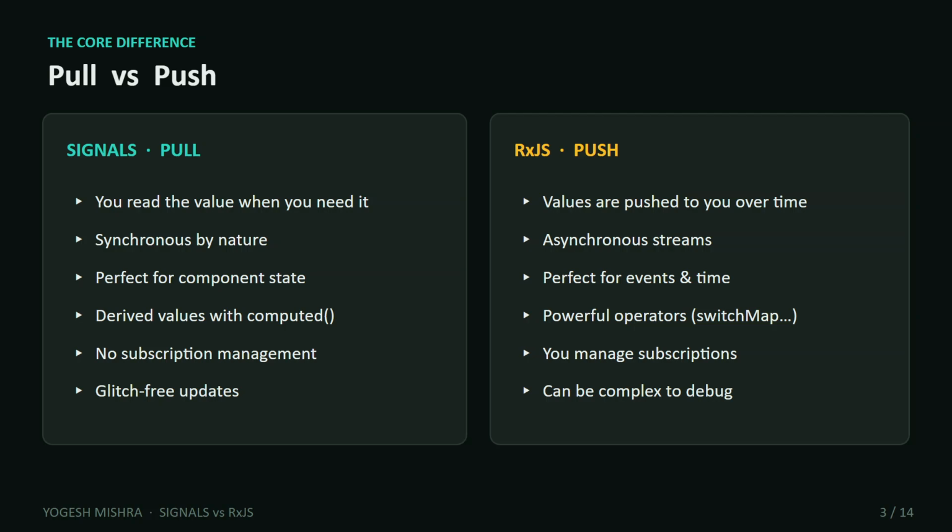They are streams, so they work really well for events and anything that happens over time. You also get powerful operators like debounce and switchMap, but you do have to manage subscriptions yourself. Once you clearly understand this pull versus push difference, half of your decisions become automatic.